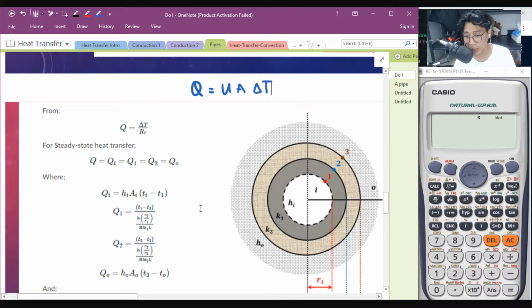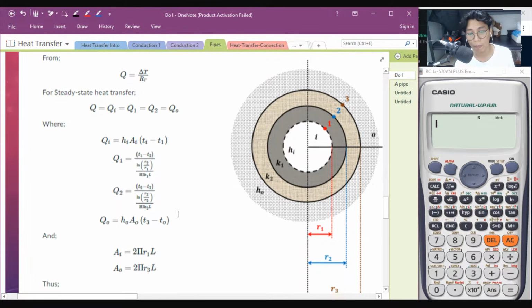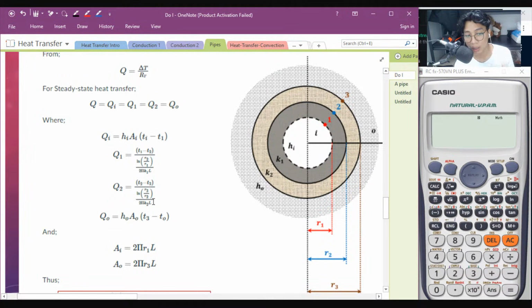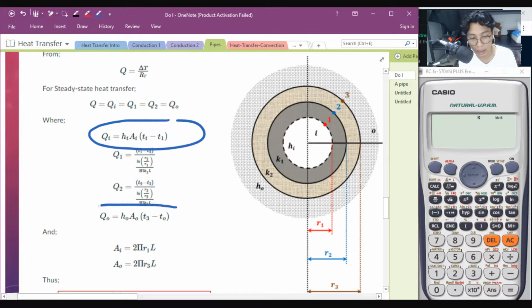Now we have the surface film conductance, the inner one and then the outer one. How many heats do we have there? Individual heats: inner, side number 1, side number 2, and outer. So, 4 heats: 1, 2, 3, and 4.